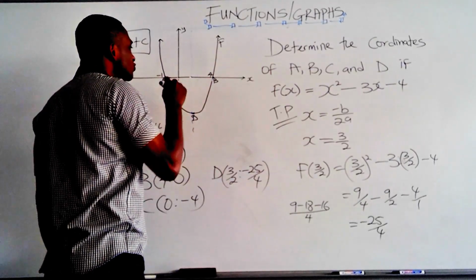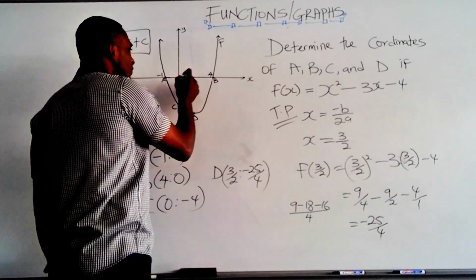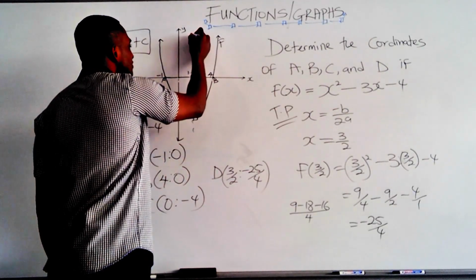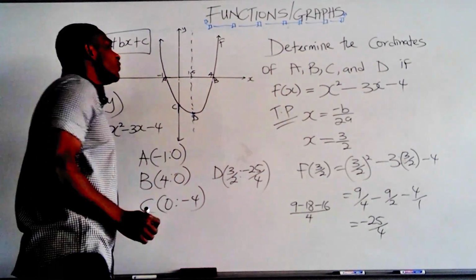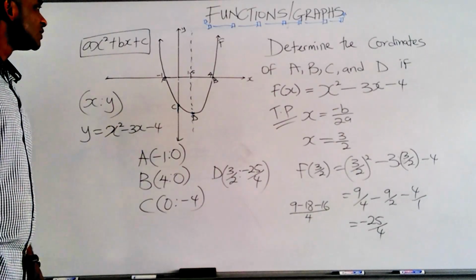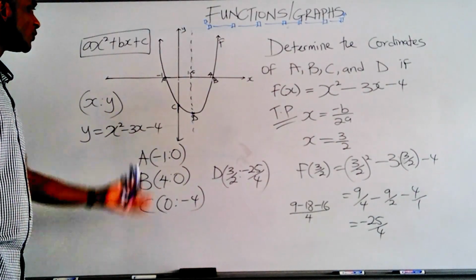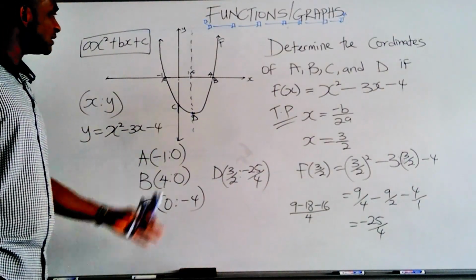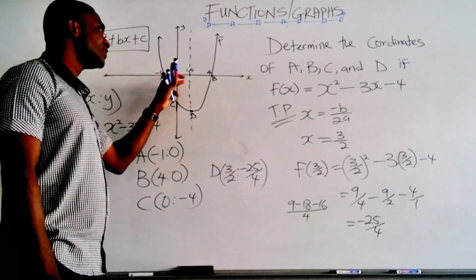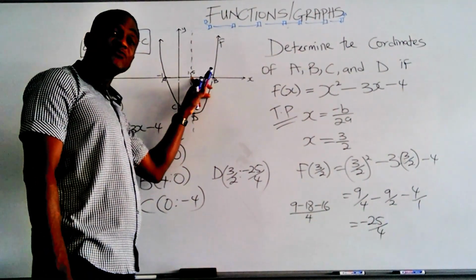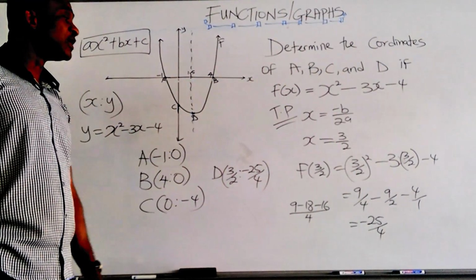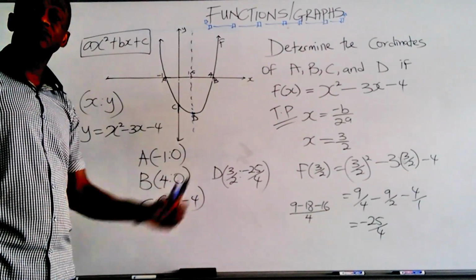If we have 1, 2.5 is the middle, so here is 1.5. That's true. So we have 1.5, and because 1.5 plus 1 is 2.5, then from 4 to 1.5 will also give us 2.5. Sorry for that mix-up. So this will represent the coordinates of D.